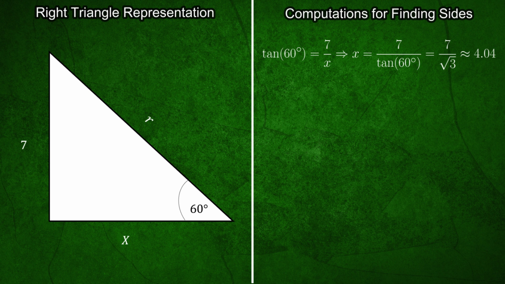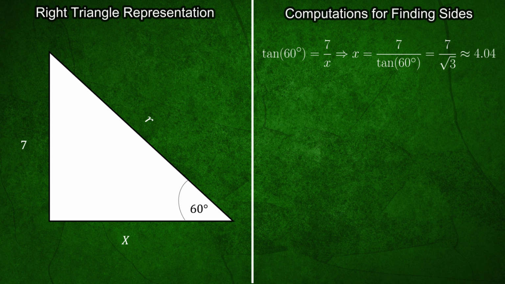Thus, by solving for x, we know that x is equal to 7 over tangent of 60 degrees, which is equal to the square root of 3. Therefore, x is equal to 7 over the square root of 3.